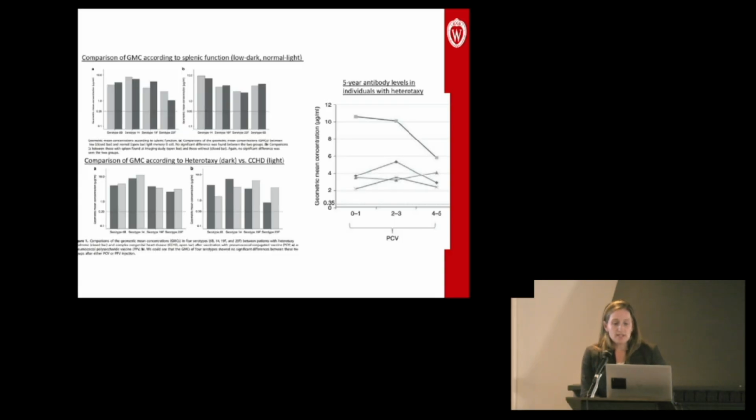I did want to mention this now. Dr. McDonald talked about this a little bit too, and we just don't know. This was a small patient population, and we wish we had better studies, but this is looking at antibody levels to certain pneumococcus serotypes after vaccination according to splenic function at the top and according to heterotaxy versus CC, or cyanotic congenital heart disease, on the bottom.